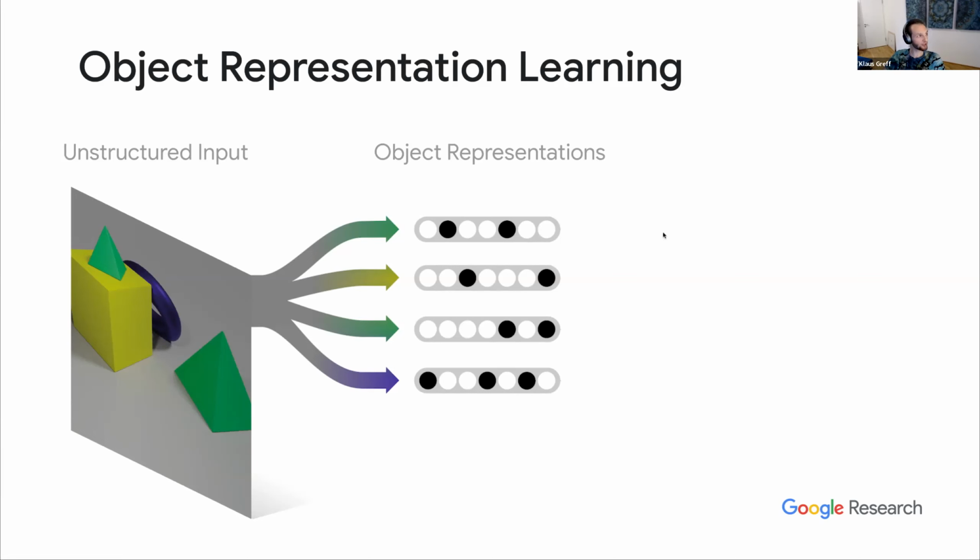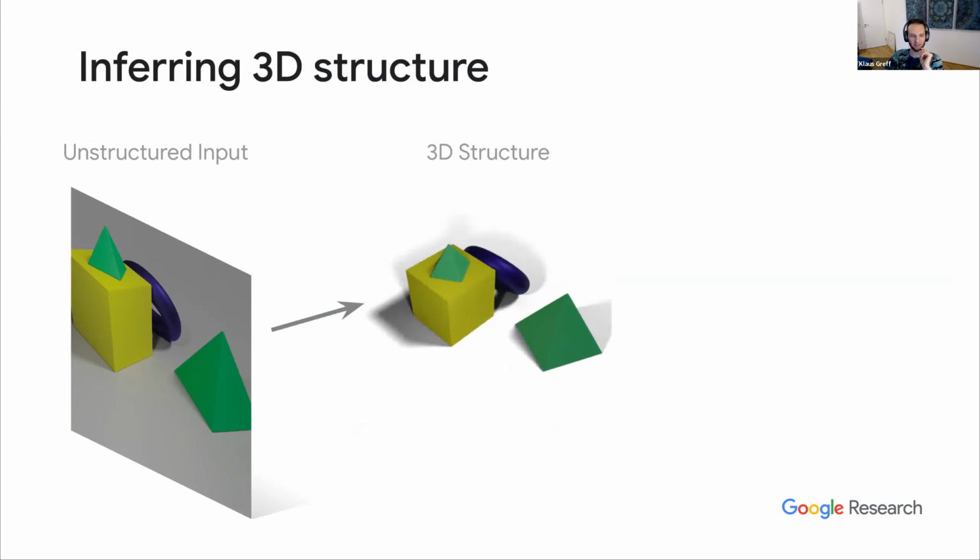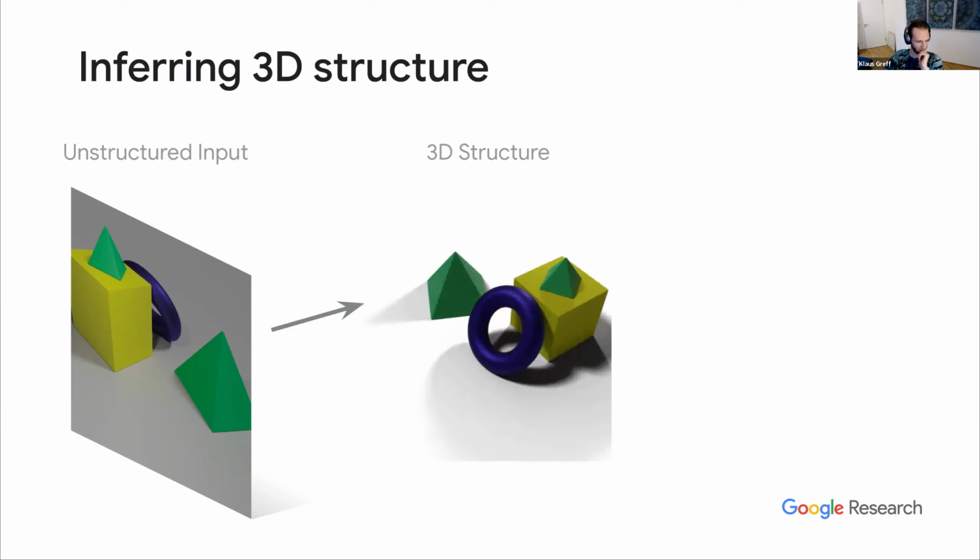And because this workshop is focused on objects and interactions, which I sadly have not worked on much, I thought I'll talk about something different today, namely how 3D structure factors into this.